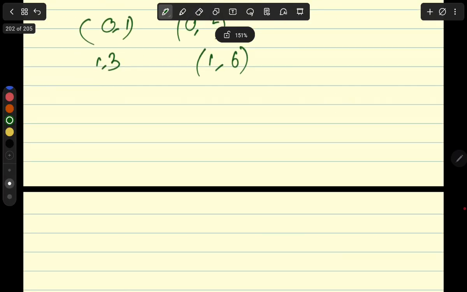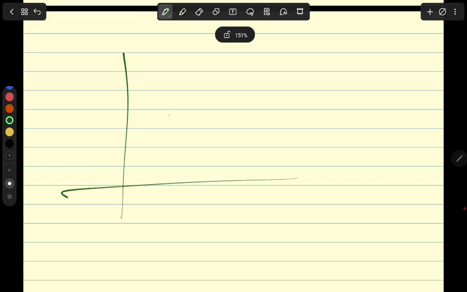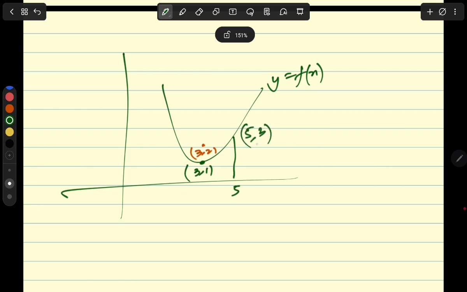If you had a graph like this, y equals f of x, and let's say this is 3, 1, this is going to get translated into 3, 2. If this point was, let's say, 5, 3, then at 5 the y value becomes doubled, so this becomes 6. So this point is going to get translated here, and now our new graph is going to go like this. So this is a stretch, right?